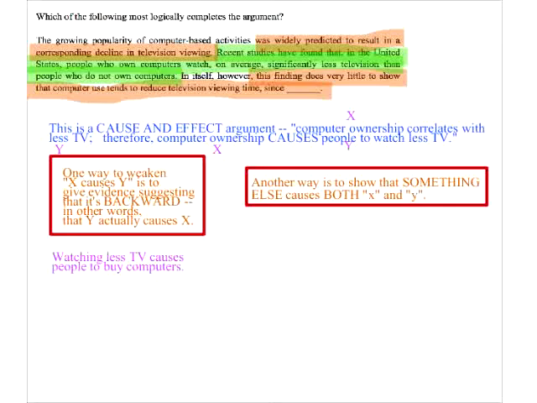This is not totally ridiculous, but this is not very reasonable. There are things that might randomly make people watch less TV, but the idea that this would cause people to go out and purchase computers as an alternate form of entertainment seems a little bit far-fetched.